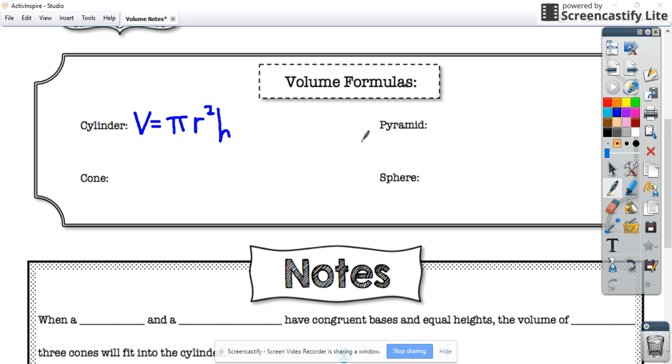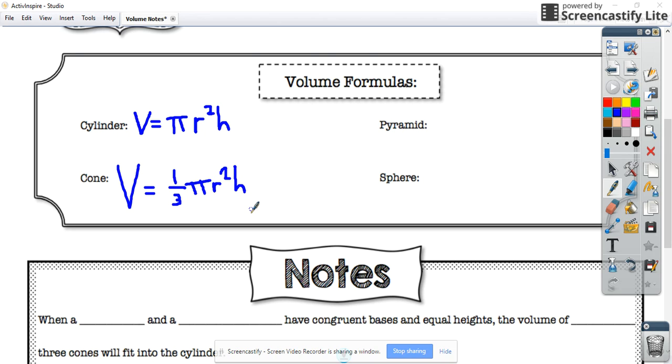Okay, so r is the radius, and h is the height of the figure. Okay, for a cone, the volume is equal to 1/3 times pi times r squared times h.